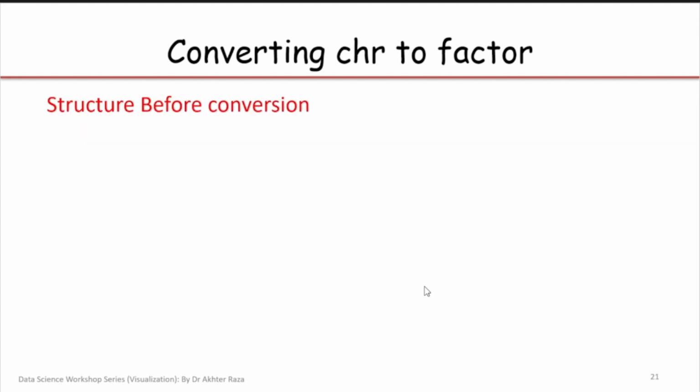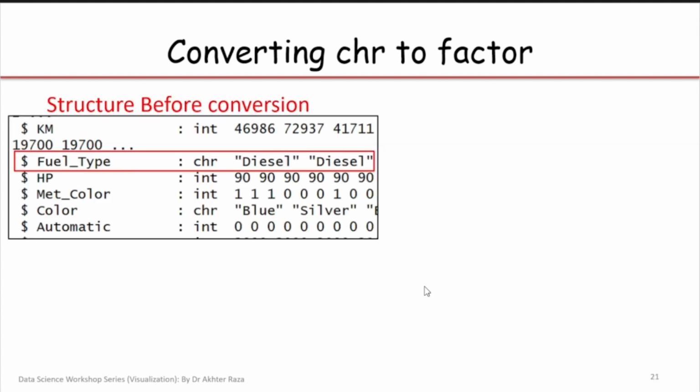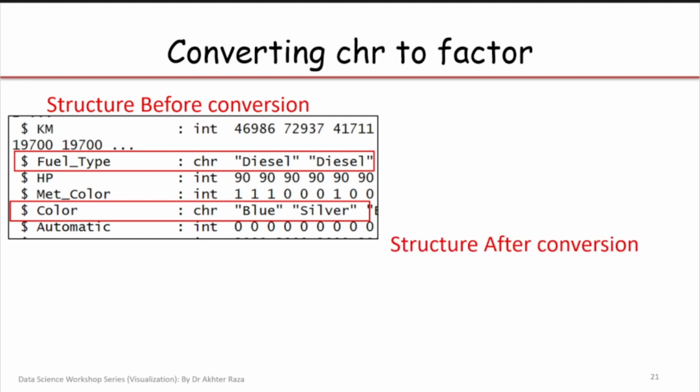The structure before conversion shows fuel type as a character and color also as character, in double quotes, which means strings.